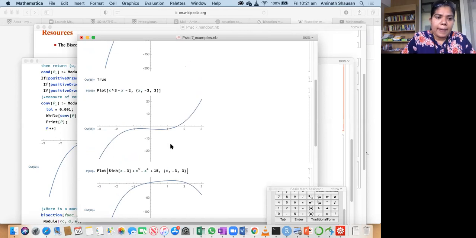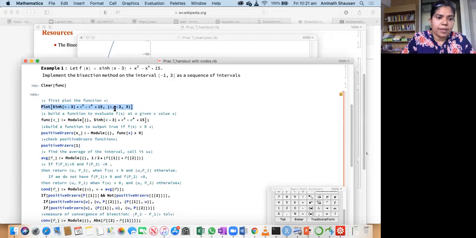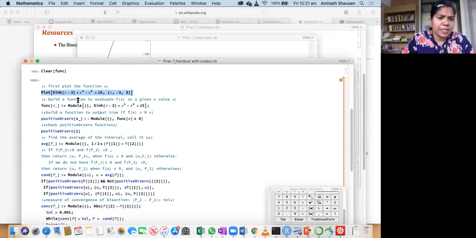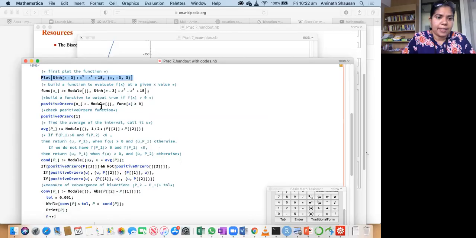In the first part of the algorithm, I built a function to evaluate f(x) at a given x value, which is the same step that Sam was explaining in the video.